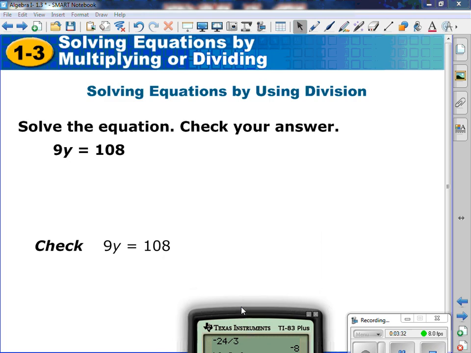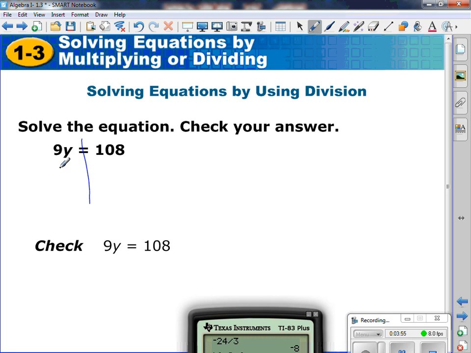How about this one? I have 9y equals 108. Give this one a shot. All right, what side's my variable on? The variable's on the left-hand side. What operation is happening here? Multiplication.